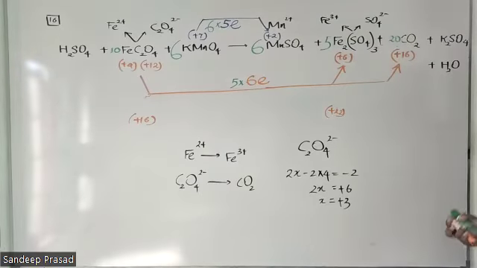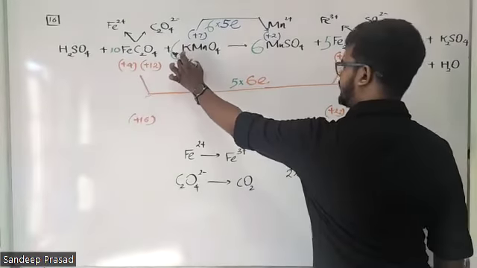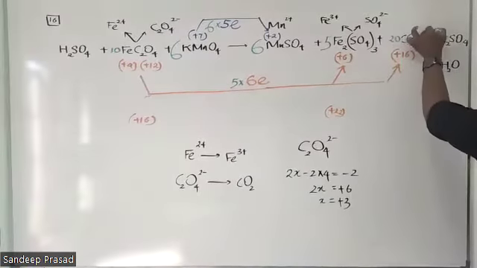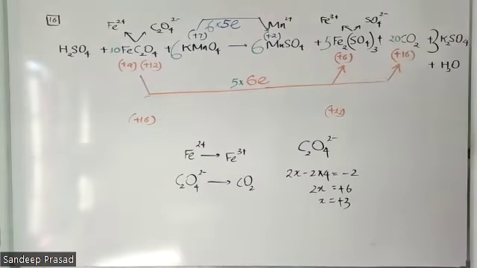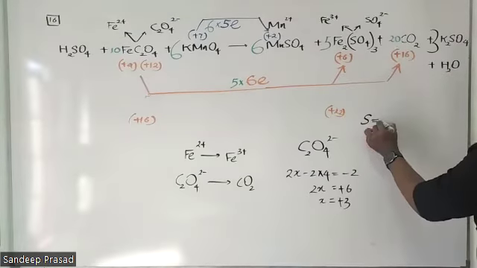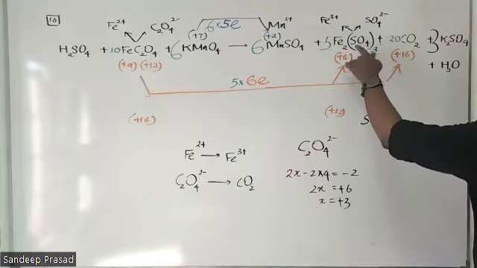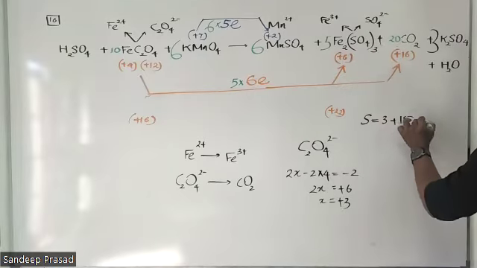Okay, then increment, decrement, everything is okay. Now, students, as you can see here, how many potassium atoms are there on the left hand side? 6. Then we can put here 3 potassium sulfate. Now count the sulfate atoms on the right hand side. Here we have 3 sulfate atoms. 3 into 5, 15.